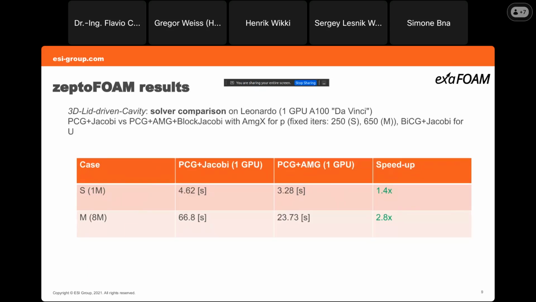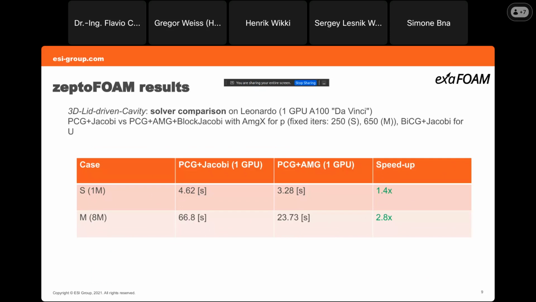So we also try to modify the solver, the pressure solver in particular, for the S and the M case, moving from the simple Jacobi as a preconditioner for the conjugate gradient to a multigrid provided by NGX, combined with the same solver, a conjugate gradient. And you see that you have a speed up of 1.4 times for the S case and 2.8 for the M case.